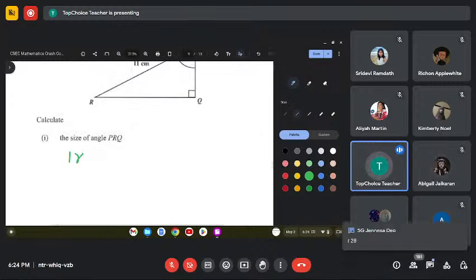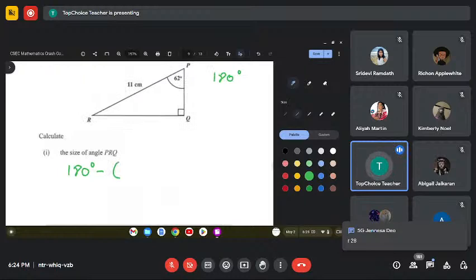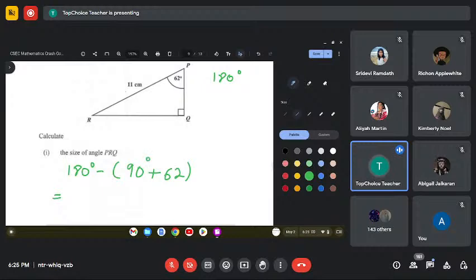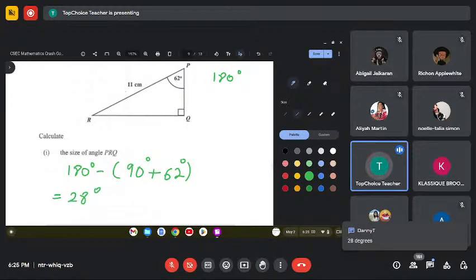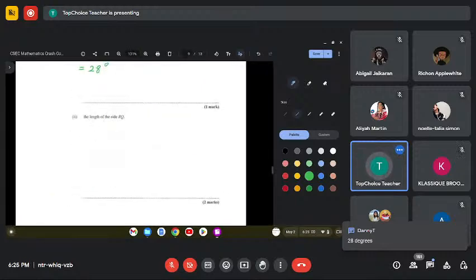This would just be 180 degrees take away the sum of the other two angles, which is 90 plus 62. This would give you your missing angle. What does this work out to be? 28 degrees. Right, 28 degrees. Things like this I wouldn't use my calculator for. So that's it for that one.